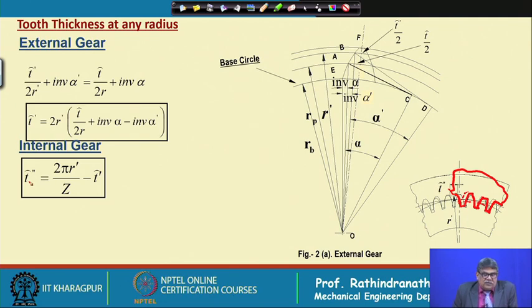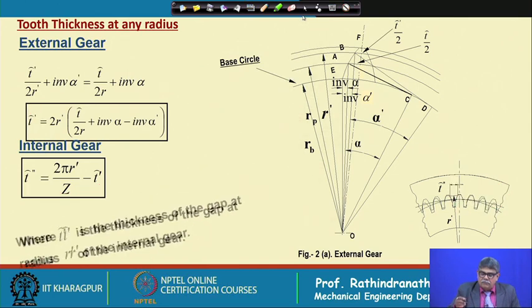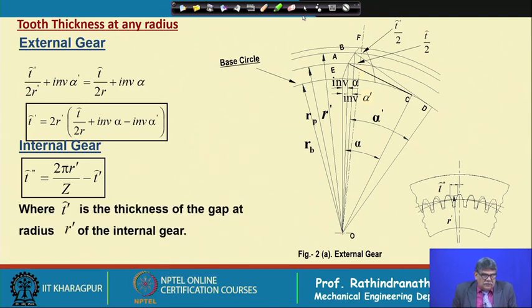That means, in this case also we can calculate this at any radius, and then from this relation we can find out the tooth thickness at this radius. So, it is not difficult to find out tooth thickness at any radius r dash for internal gear also. The same method we can follow. Here it is given the nomenclature.